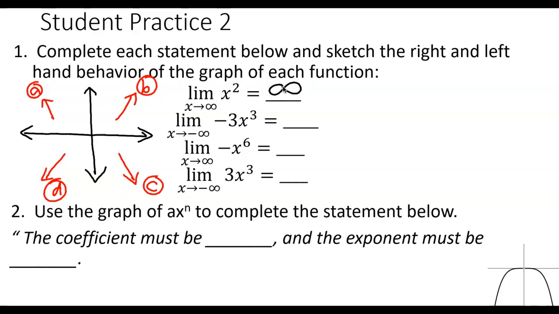Let me ask Charity, what arrow goes with that one, that first one? Is it A, B, C, or D? The first one. No, I'm talking to Charity. What's your name?